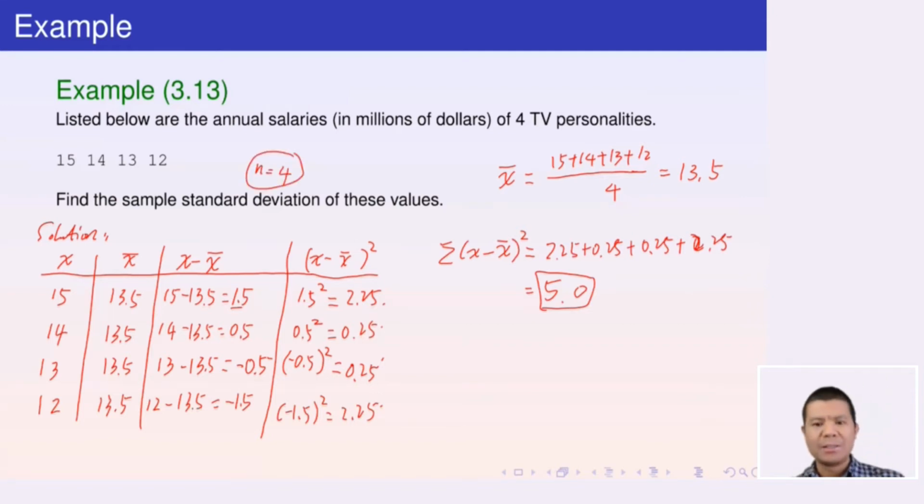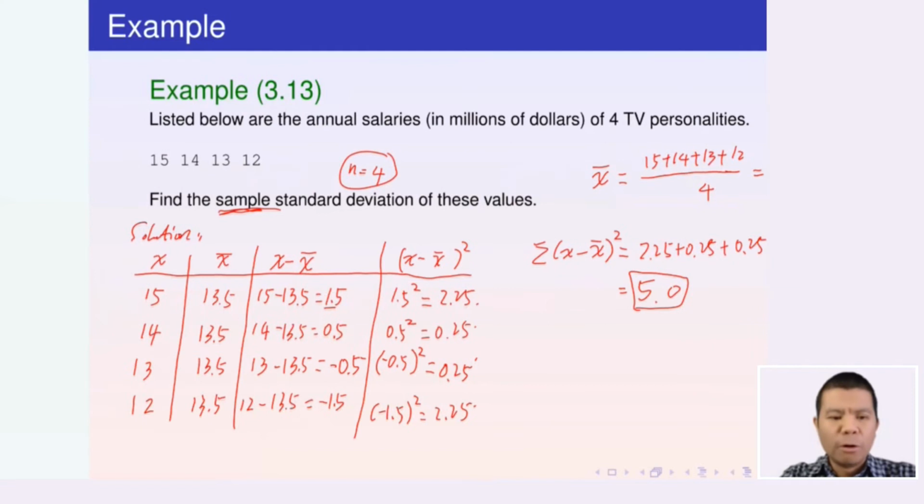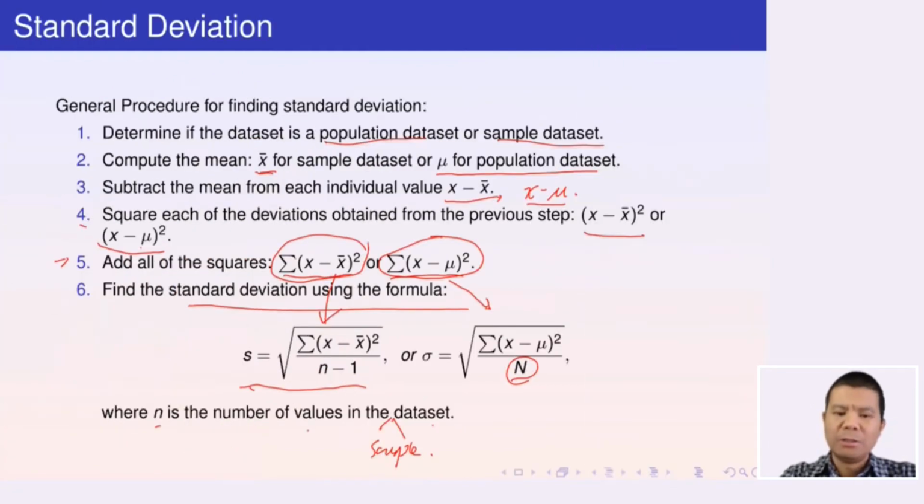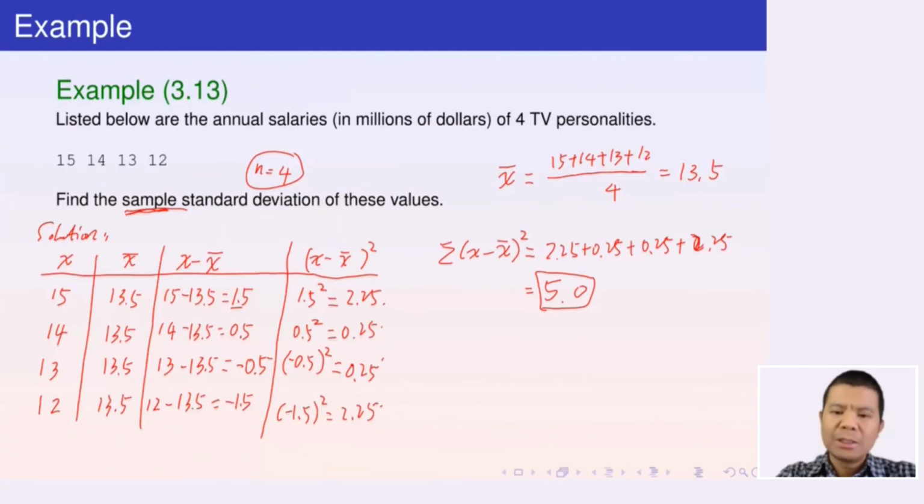So what's next? Next is simply using the formula. Since this is sample data, we're going to use the formula for the sample standard deviation. So let's do that. S equals the square root of the summation of (x minus x bar) squared over n minus 1.